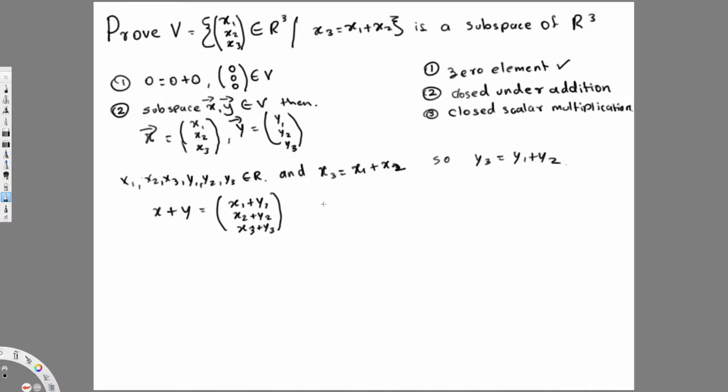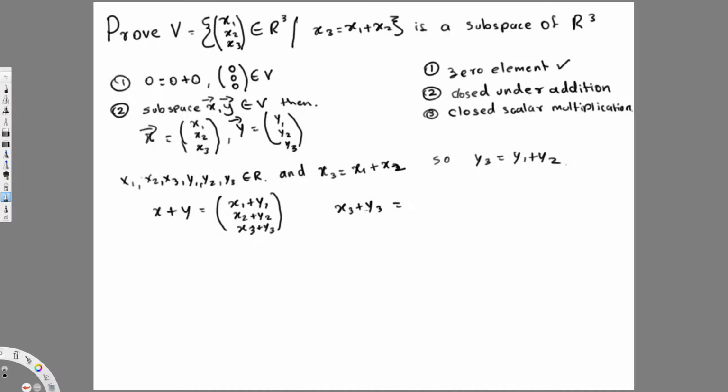First, x3 plus y3: from the equations we formed already, x3 is equal to x1 plus x2 and y3 is equal to y1 plus y2.